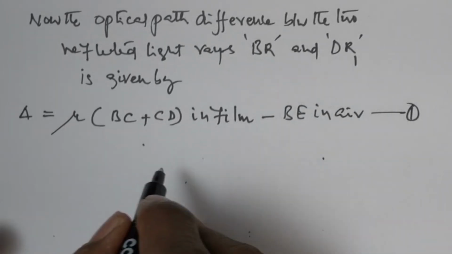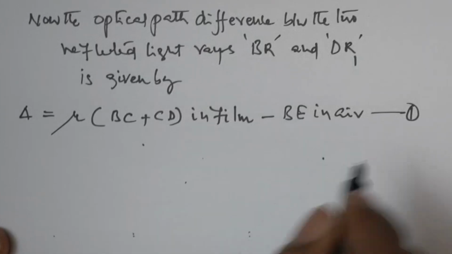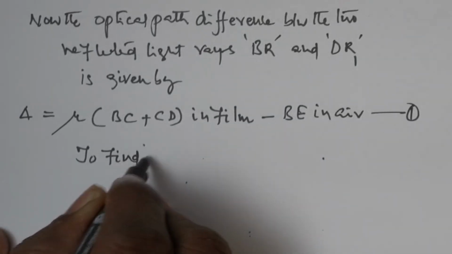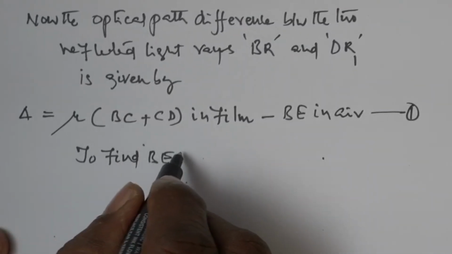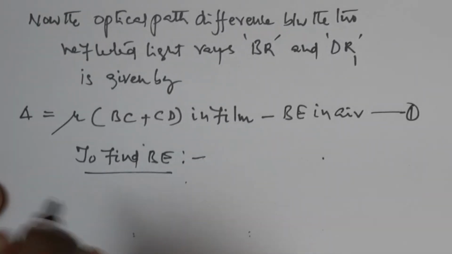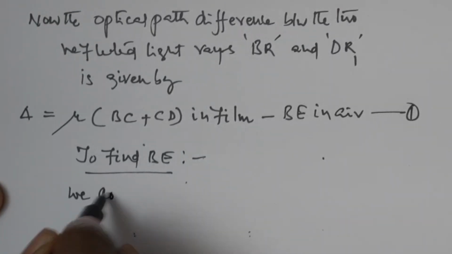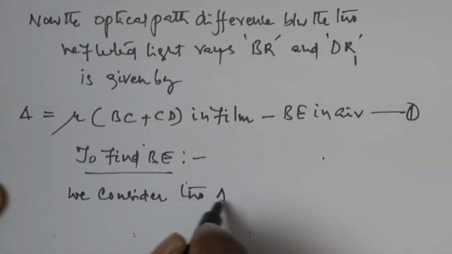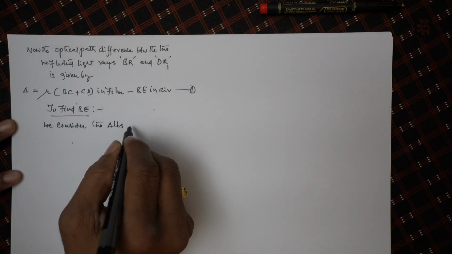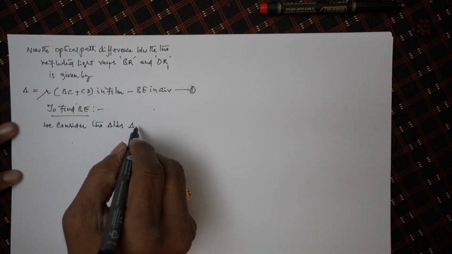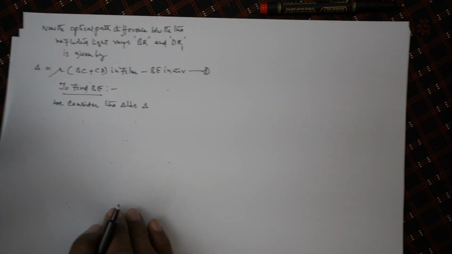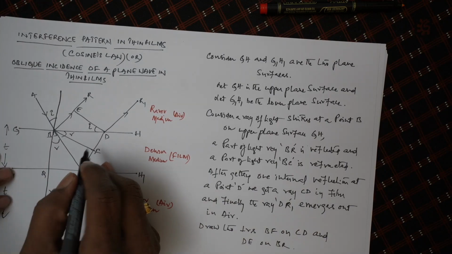Okay. Now, how to find this BE? Look carefully. To find BE, we consider two triangles. Look carefully at this diagram so that you can understand.